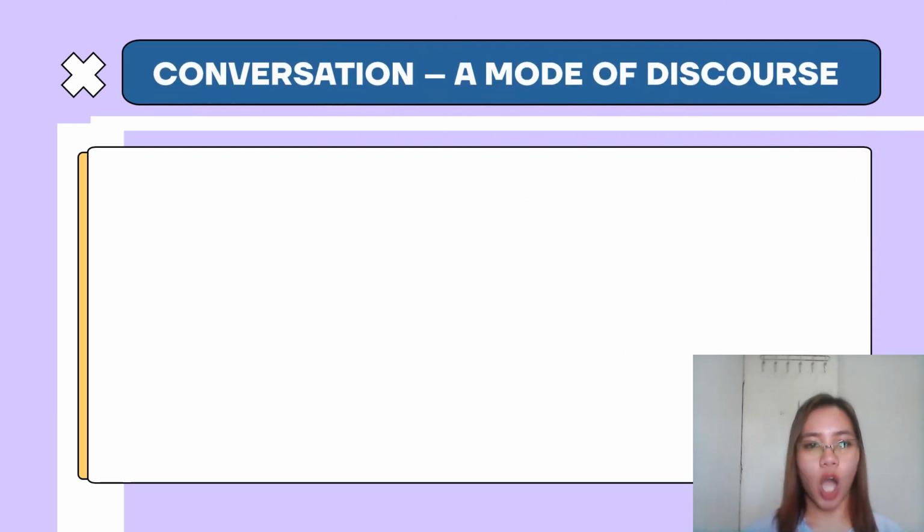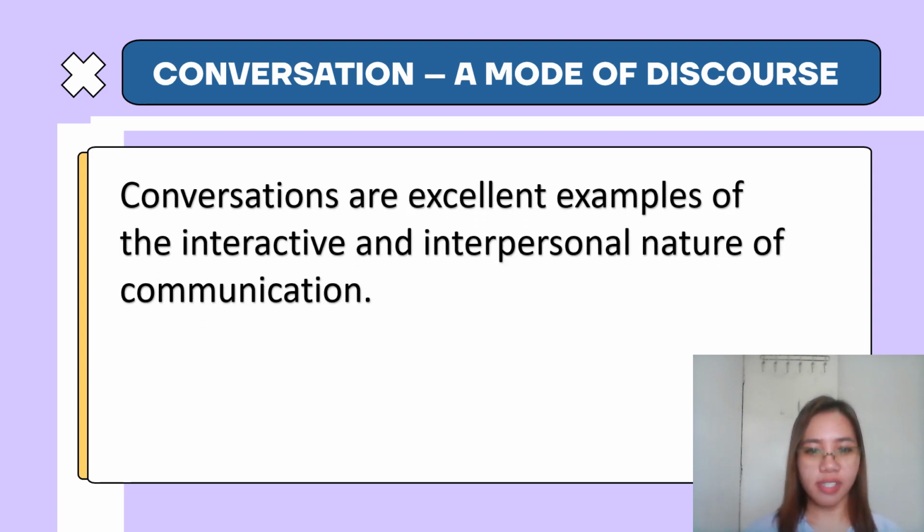Next, we have conversation, a mode of discourse. So, conversations are excellent examples of the interactive and interpersonal nature of communication. For some writers, conversation signifies a specific interactive form of communication characterized by spontaneous back and forth exchanges between participants.